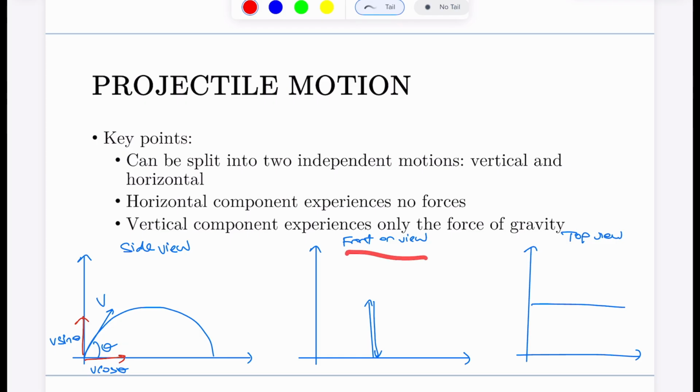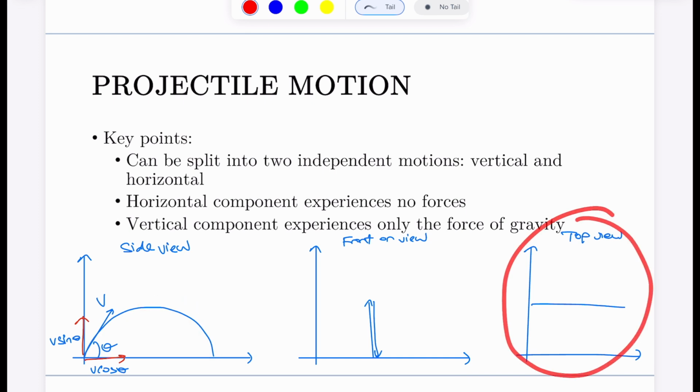Then from the front, what you would observe is a ball literally just goes up and then it comes back down. The same as throwing a ball just up in the air and then catching it again. Literally that's the vertical motion with projectile motion, with throwing an object in this parabolic path.